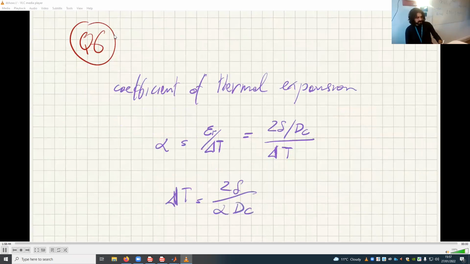This alpha is a material property, and as you can see, has the units of 1 over degree. 1 because strain has no unit, and degree because you have delta T at the denominator. I will leave the rest to you to figure out.